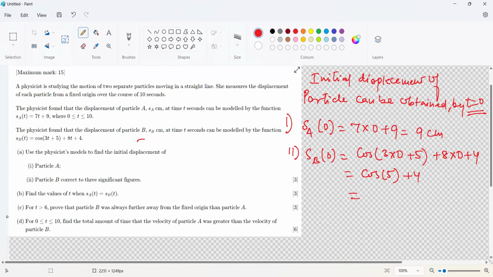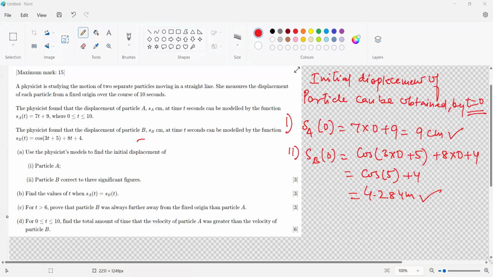You can find this by using your GDC. Your setting should be in radian mode. Cos 5 plus 4 is coming out 4.284. So I'm going to say the initial displacement for particle A is 9, and the initial displacement for particle B is 4.28. Are you getting this? Yeah.